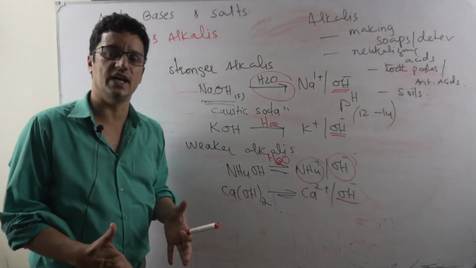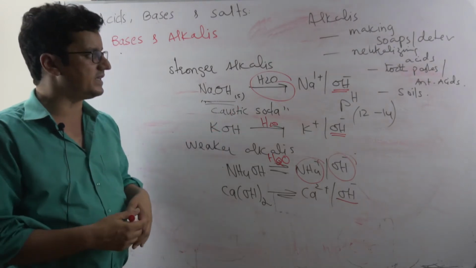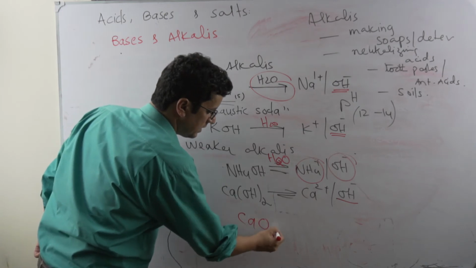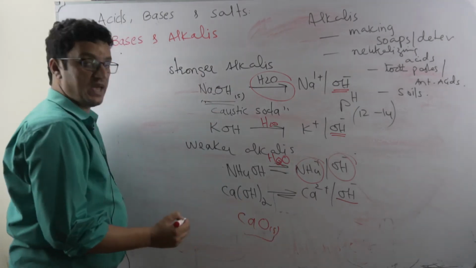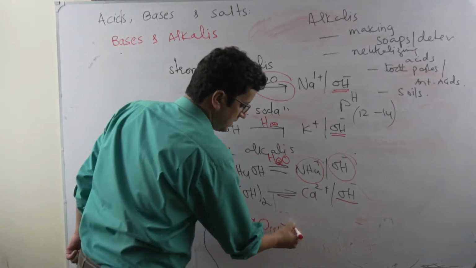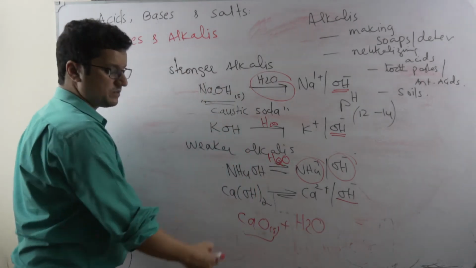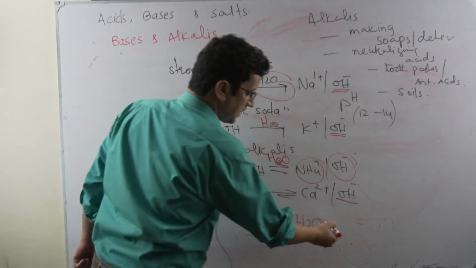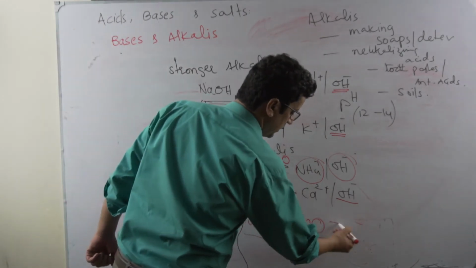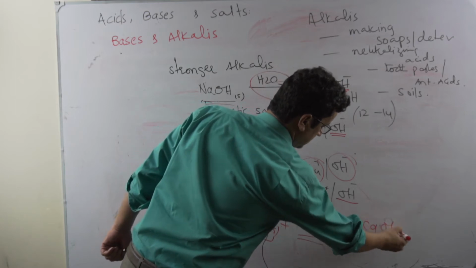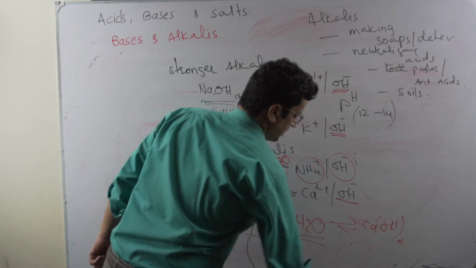Excessive use of fertilizers makes soil acidic, and when soils become acidic, we use the weaker alkali, the weaker base, calcium oxide. This powdered calcium oxide is mixed with the soil, and when you give water to the soil, it reacts and turns to what? Calcium hydroxide.